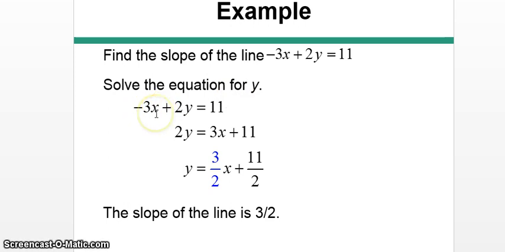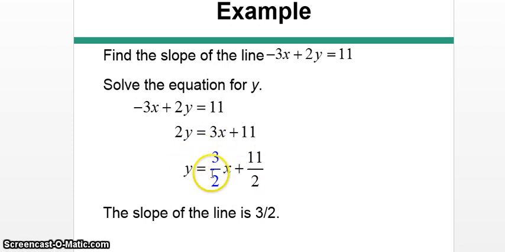Minus 3x plus 2y equal to 11, 2y equal to 3x plus 11, or y equal to 3 over 2 x plus 11 over 2. The slope of the line is 3 over 2.